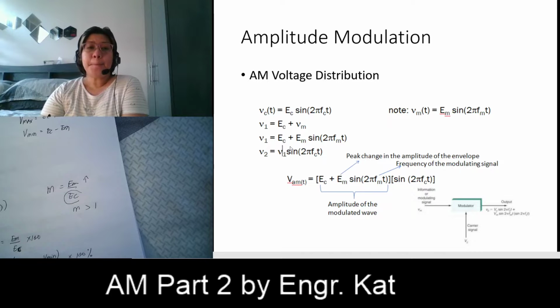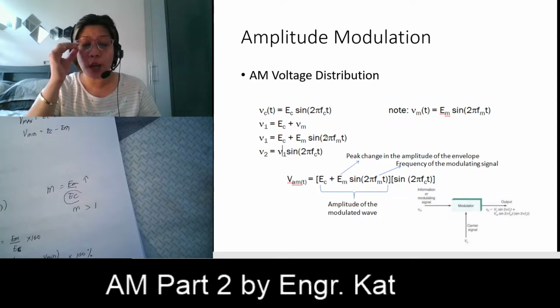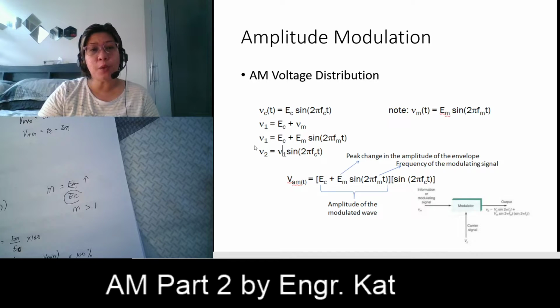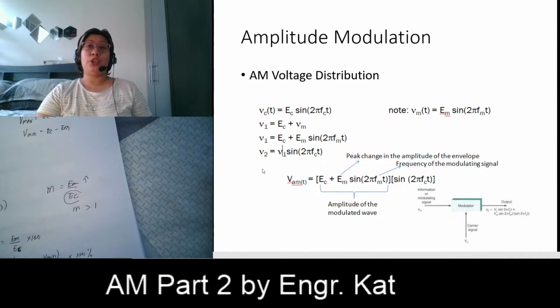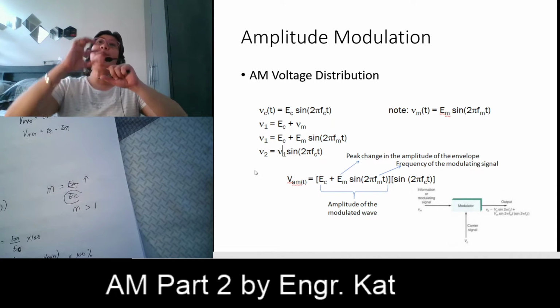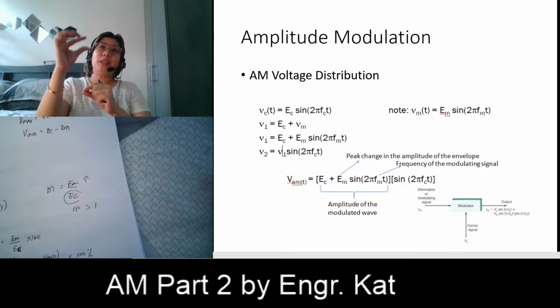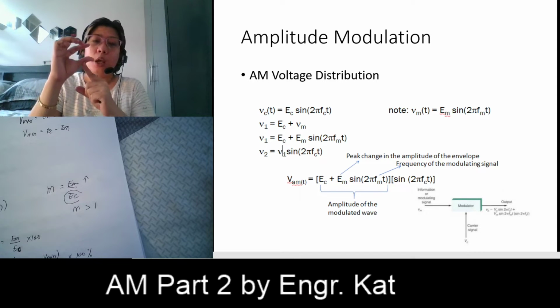This EC plus EM sine of 2 pi FMT becomes now the new amplitude, by substituting our V1 for the peak value of the carrier voltage. So your Vmax will become the carrier voltage plus that instance when your EM is in its maximum location.